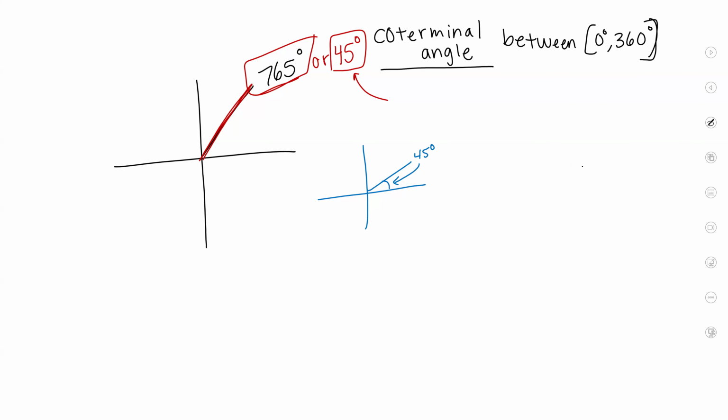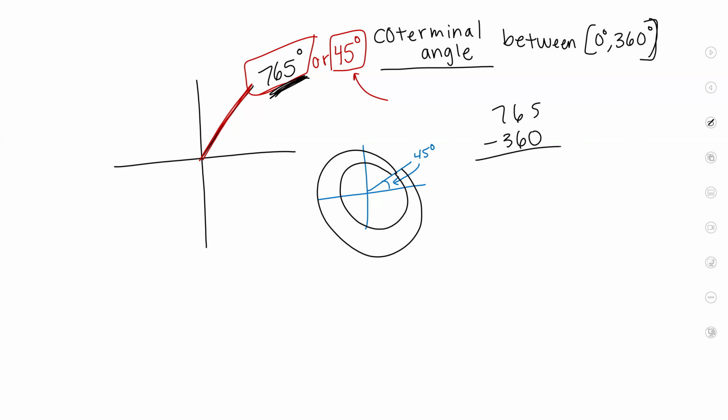How we got to 765 is we just added 360, and then we added 360 again to get 765. To go backwards, he did 765 minus 360 degrees, got something, and then subtracted 360 again and got 45 degrees. Is that what you did, Luke? What did you do? 765 divided by 360 times 2. Okay, you can do that too.